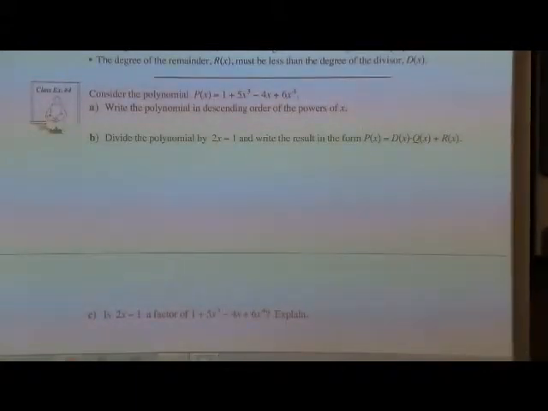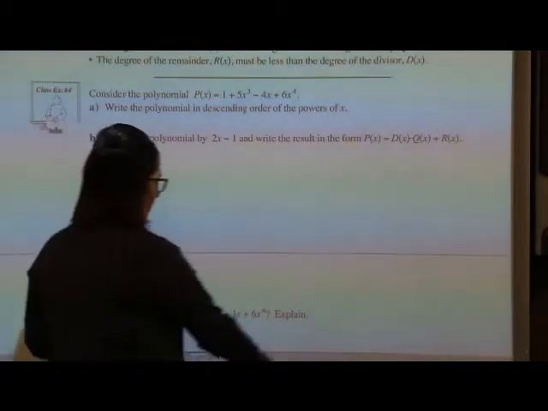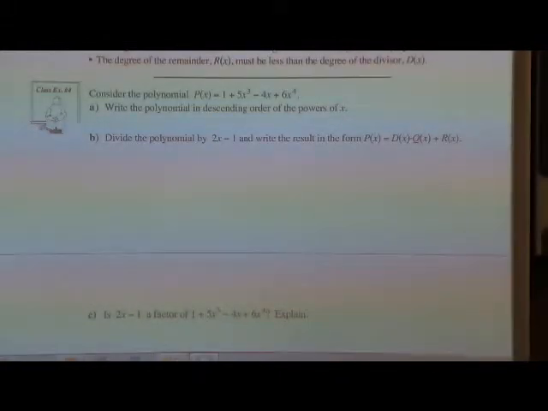So it says, class example number 4, consider the polynomial p of x equals 1 plus 5x cubed minus 4x plus 6x to the power of 4. Let's write this polynomial in descending order.